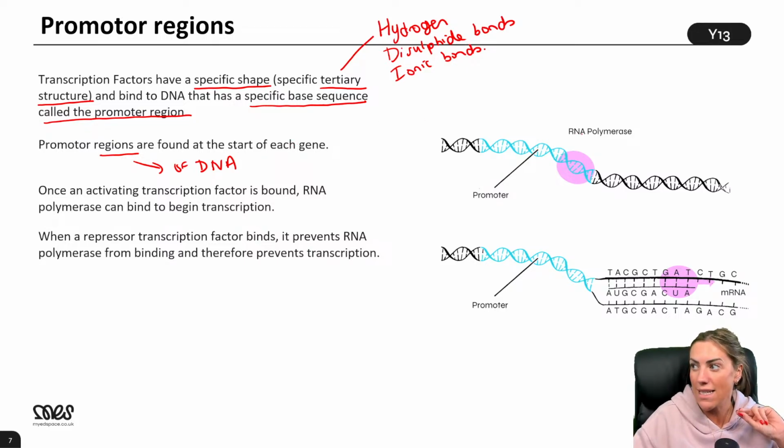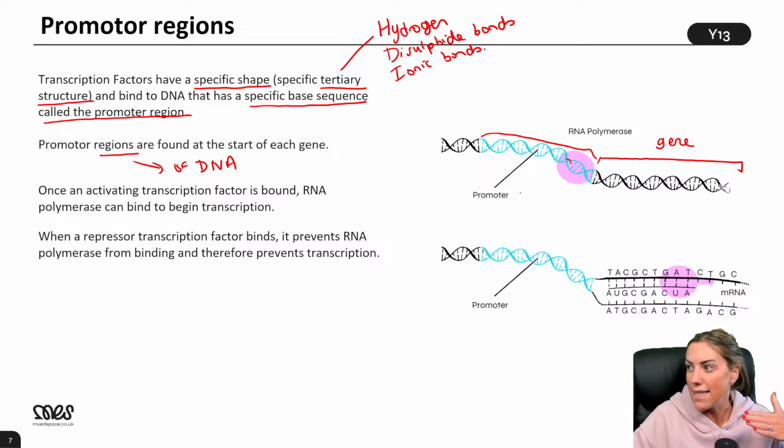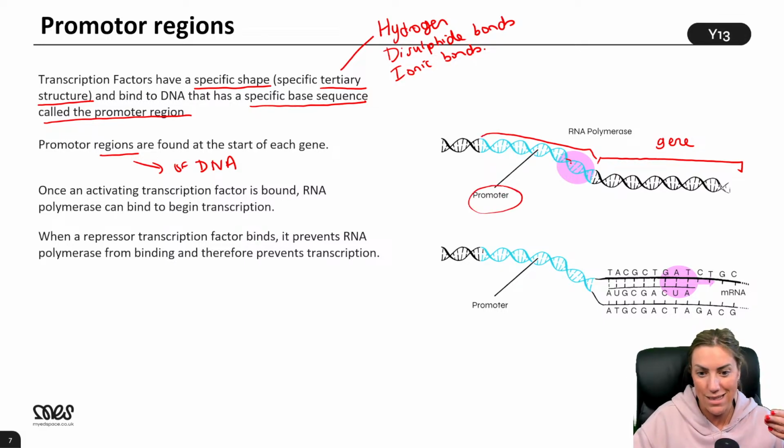So if you have a look at my diagram, if we imagine that this is the gene, a sequence of bases that codes for a polypeptide, at the start of that gene, highlighted in blue, is the promoter region. So it's a specific sequence of bases at the start of the gene.